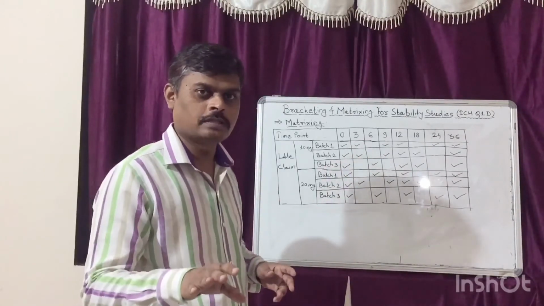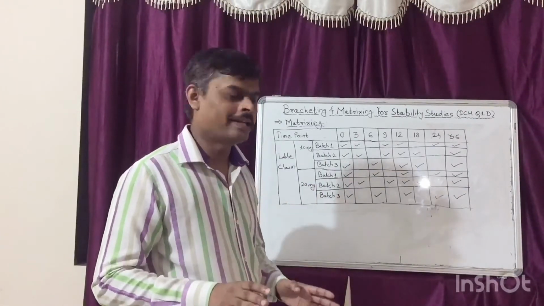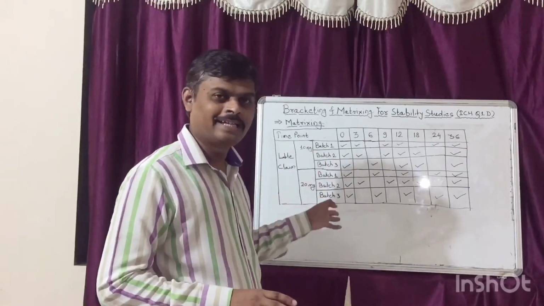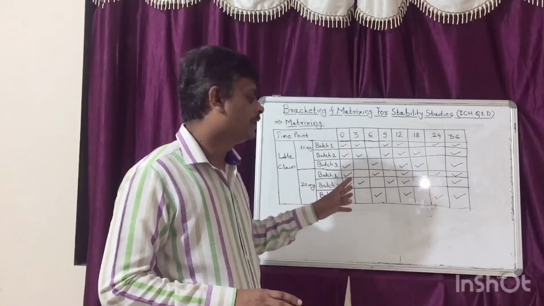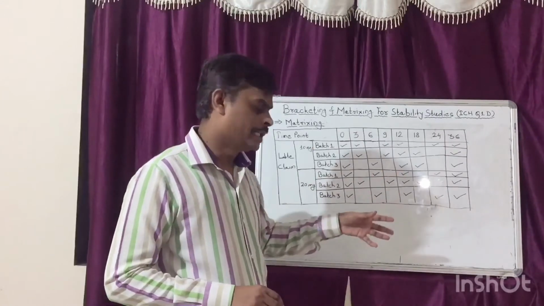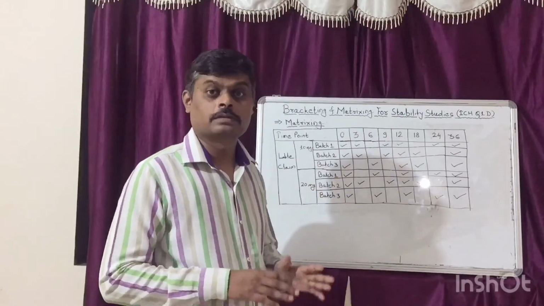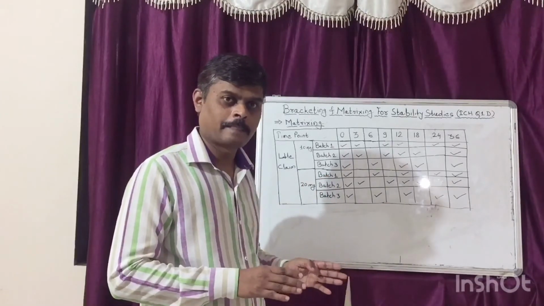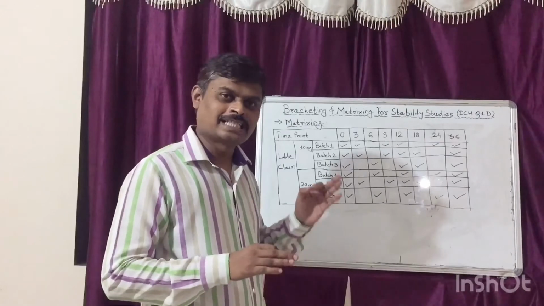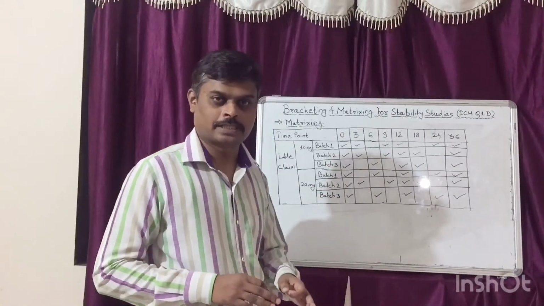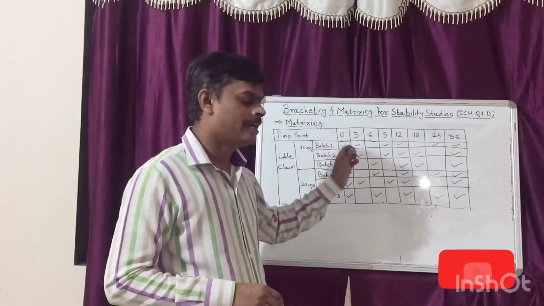So to reduce the number of samples or workload, you can apply bracketing and matrixing to the full study design. In that way, you can reduce your samples and workload. But it is very important to provide sound scientific justification for the application of bracketing and matrixing.